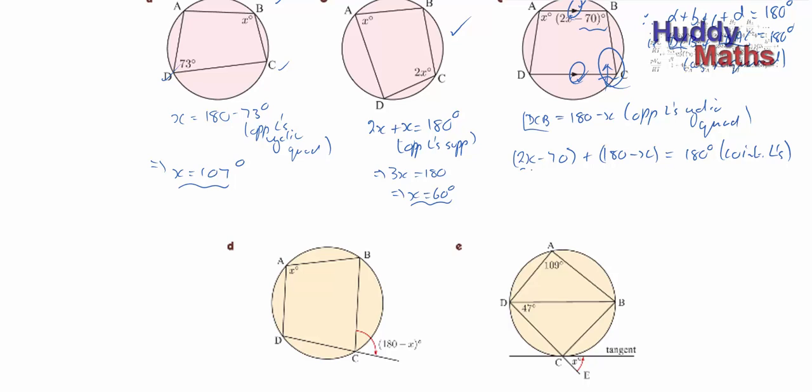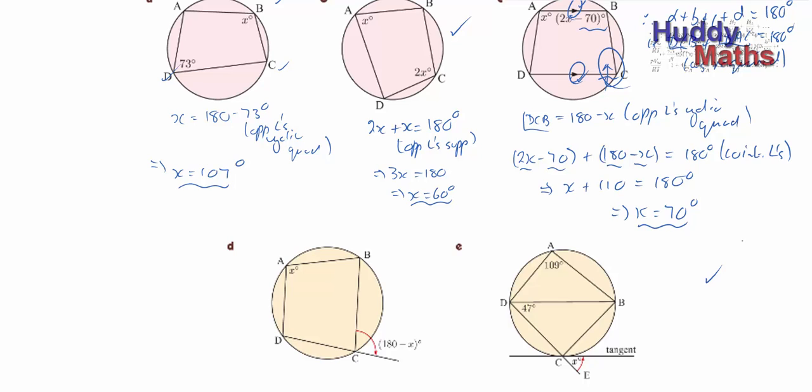So let's add these up. 2x take x is x, negative 70 plus 180 is 110, and that will be equal to 180, and therefore taking 110 from both sides, x equals 70 degrees. So it's quite an easy strategy. You've got to think about it. Use one piece of given information after another. All right, so pause it there, mark your work, and now try these two.